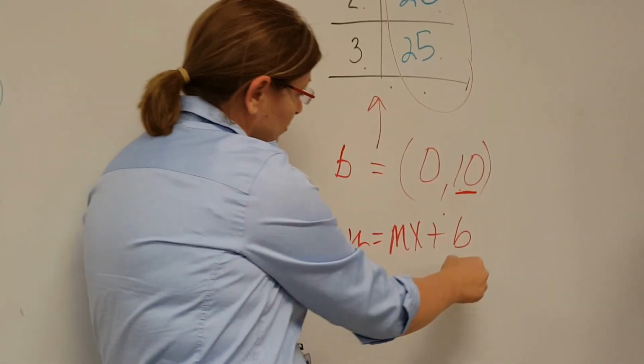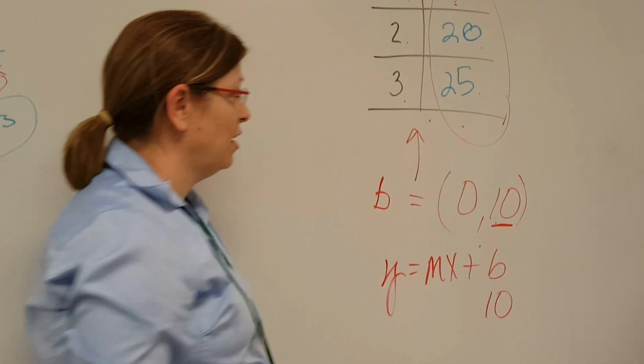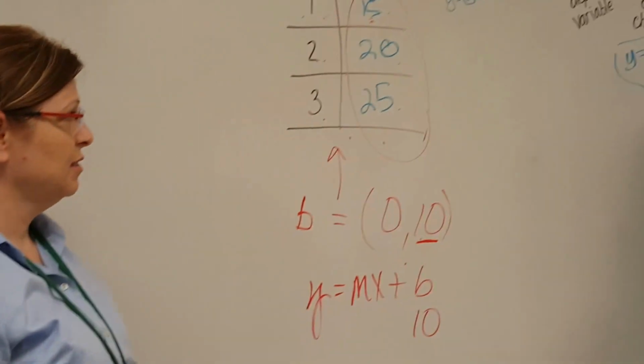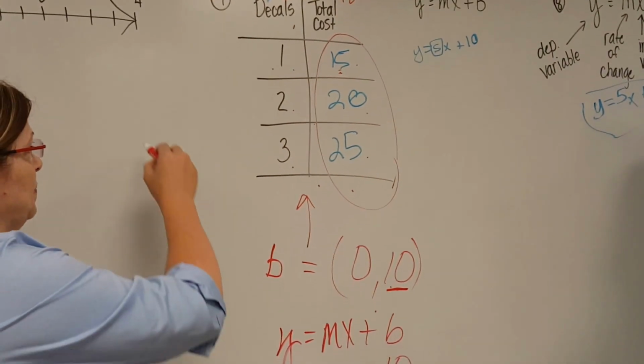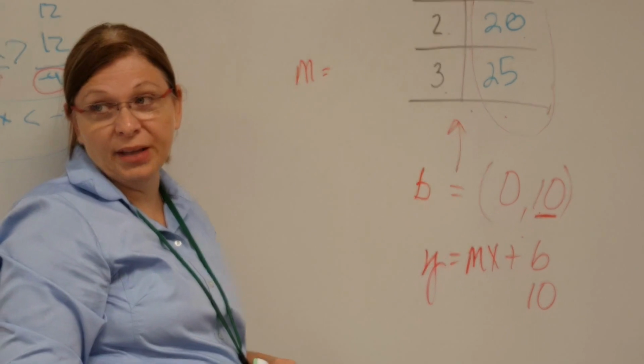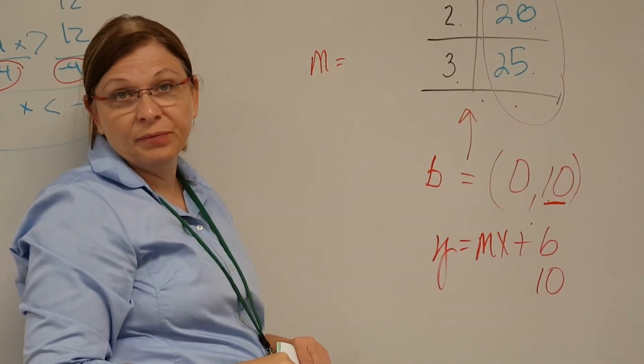So I'll put my 10 down here, and then how do we figure out what M is from a table like this?